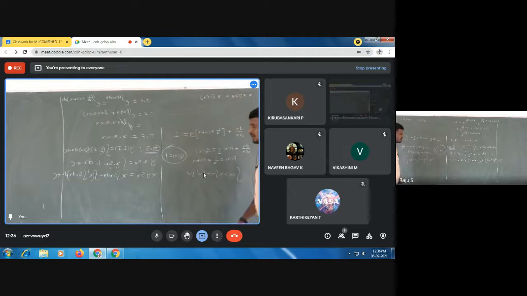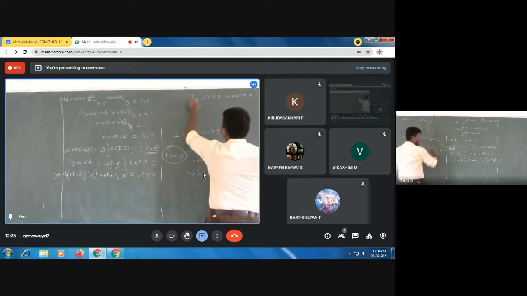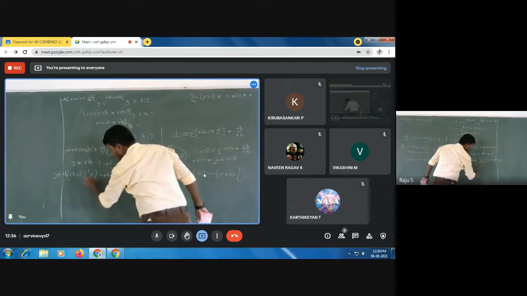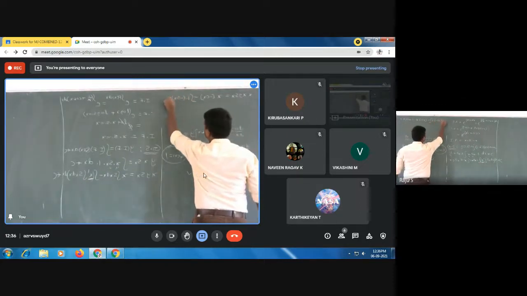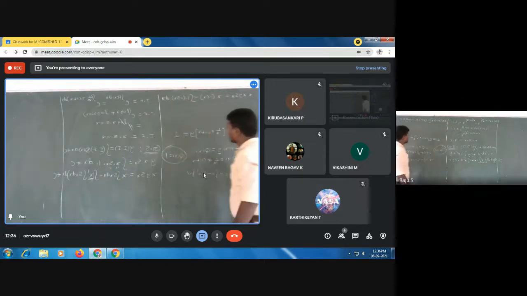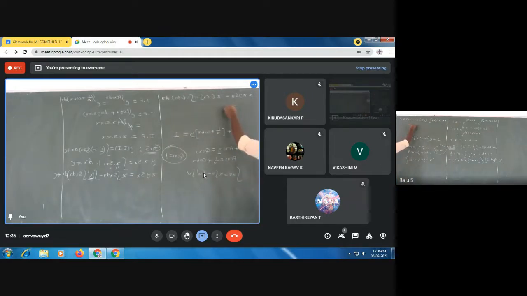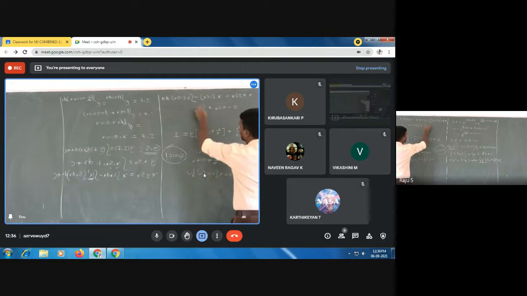The integral of sin x is minus cos x. Minus integral of the derivative of x, which is 1, into minus cos x dx. So this is equal to minus x cos x, minus into minus plus integral of cos x.